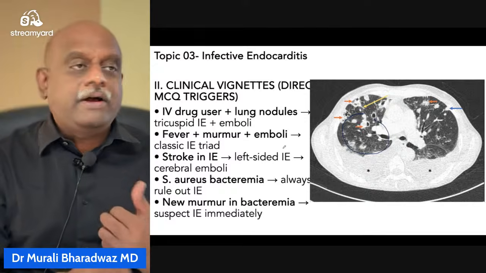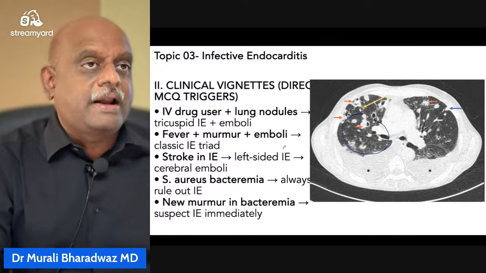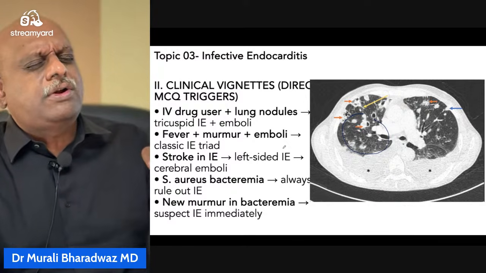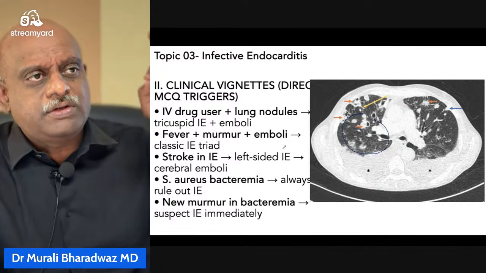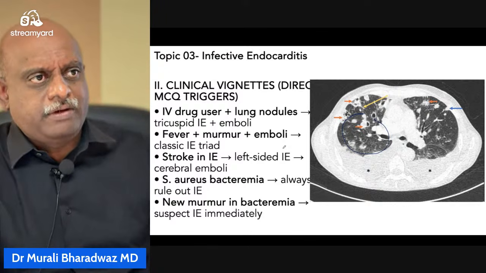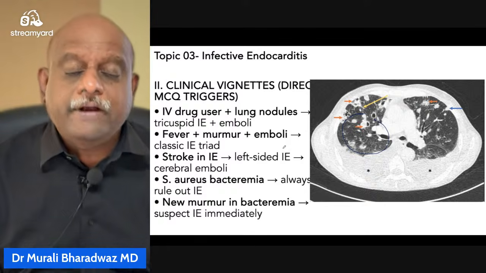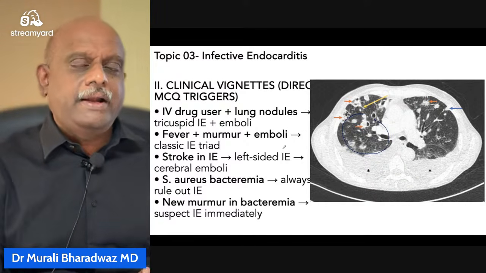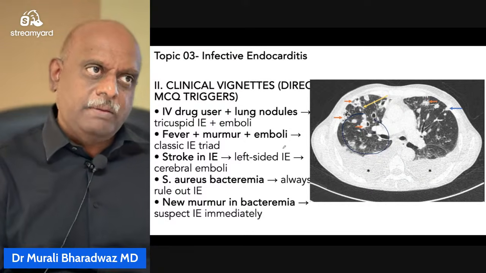Then fever, murmur plus emboli is the classic triad of infective endocarditis. The most consistent clinical feature of every IE is fever. There is no IE without fever. Whenever infective endocarditis involves the left side of the heart, the left heart pumps into the aorta, into cerebral vessels.